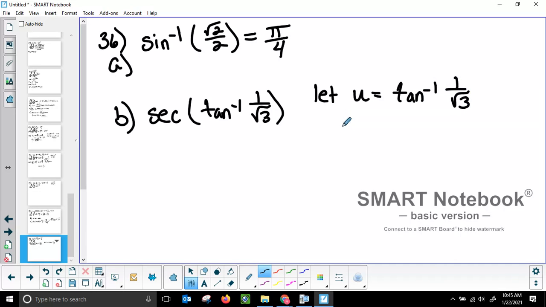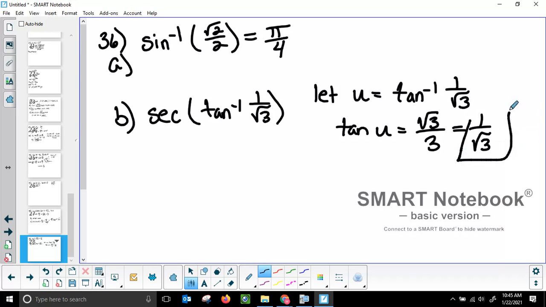And then we take the tangent of both sides, so we know tangent of U is equal to 1 over the square root of 3, which is also square root of 3 over 3. But we'll see if we need that. We probably still actually want this form. I'll show you why in a minute. All right, well, we know that we're dealing with inverse tangent, which is the right half of the unit circle. This is a positive value, which means we have to be in the first quadrant.